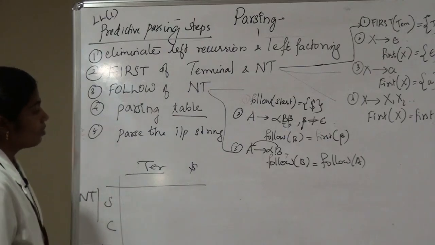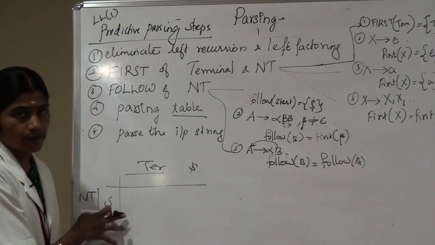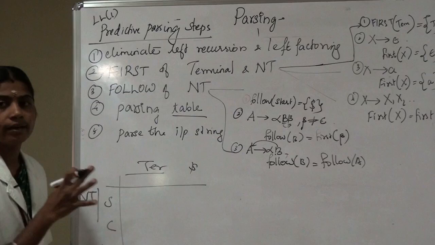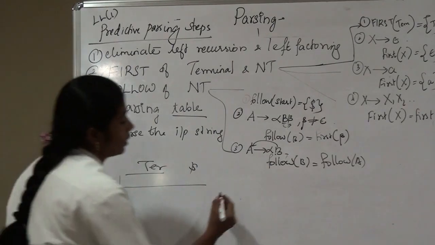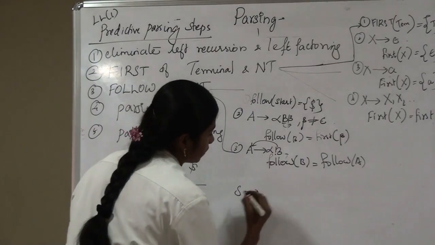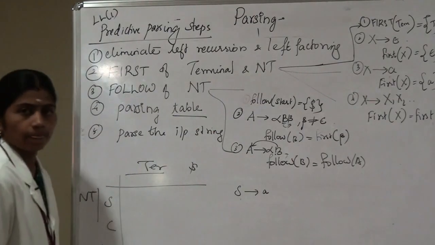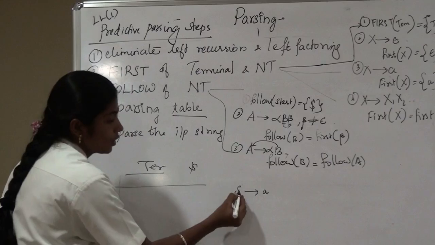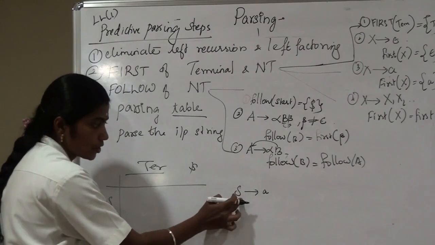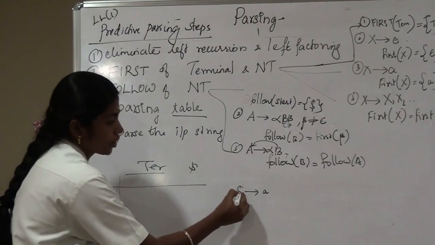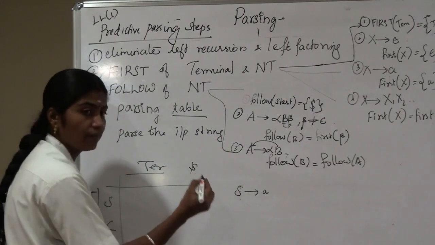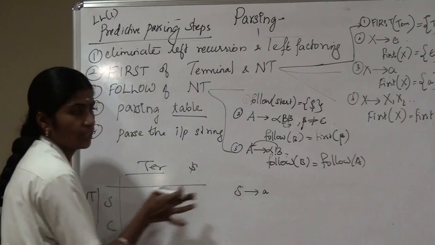Now how to make an entry in this parsing table is based on every production. You have to take every production, for example, a production like S tends to small a. For this production, I have to make an entry in the table. I have to find where we should place this production in the table.